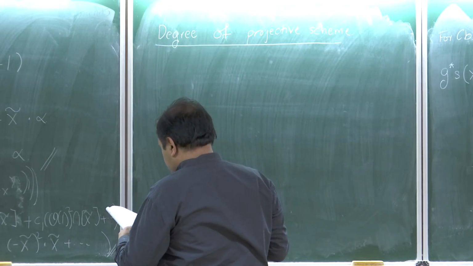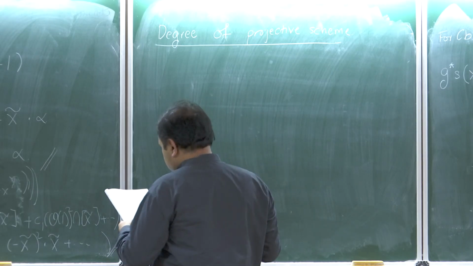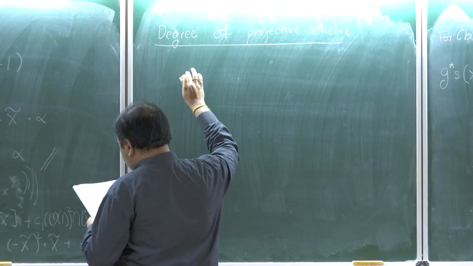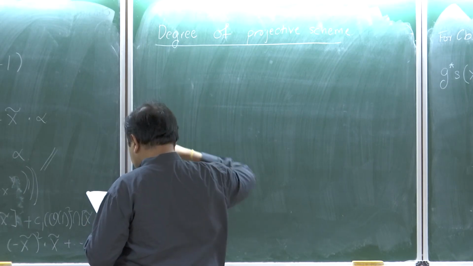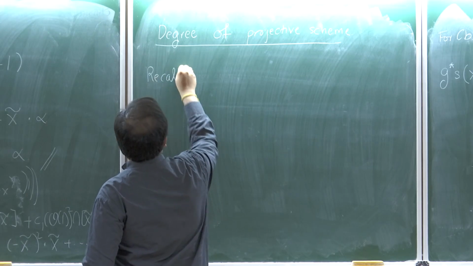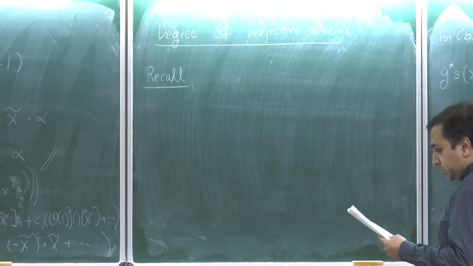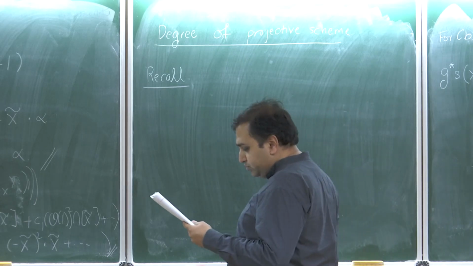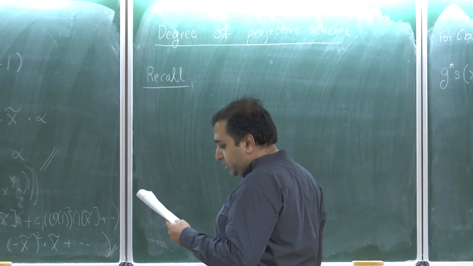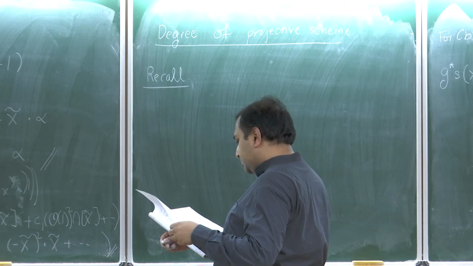Okay, it will be clear in a minute why I'm talking about this. So I'm just going to recall some material that many of you may already know. This is from basic commutative algebra. The references would be Atiyah-MacDonald, and some of what I'm going to say is just from the first chapter of Hartshorne.